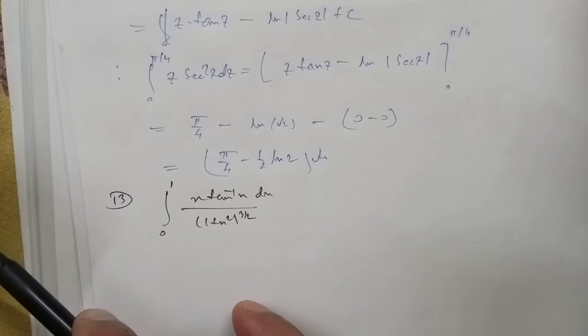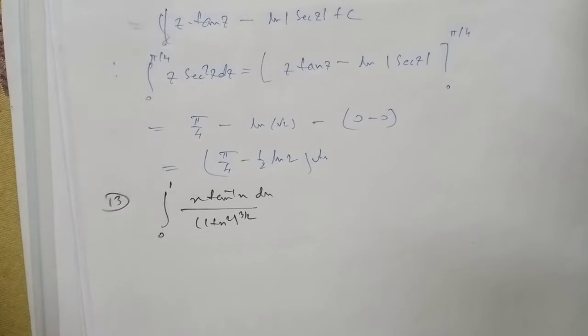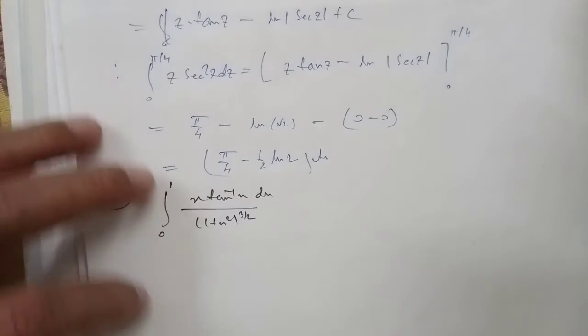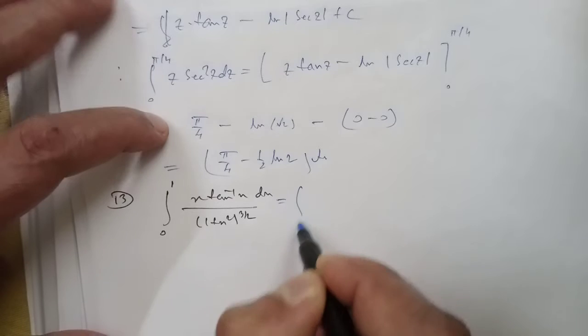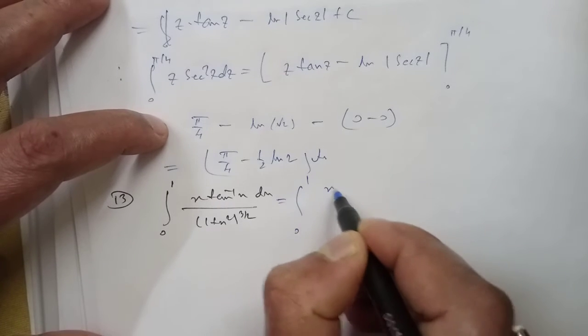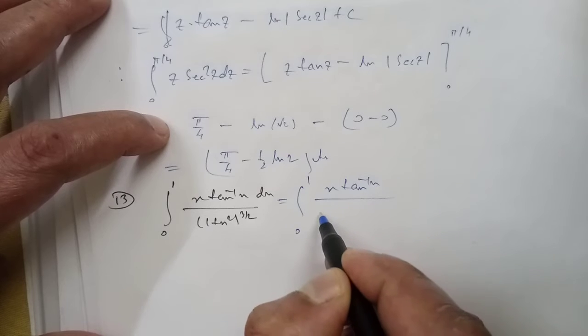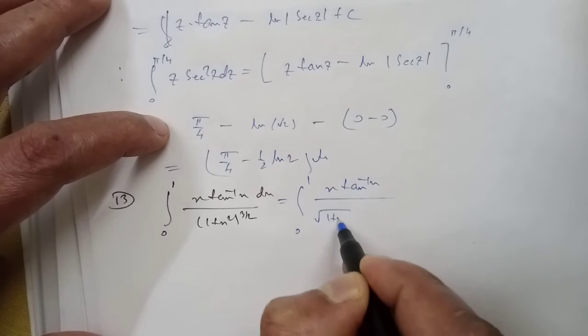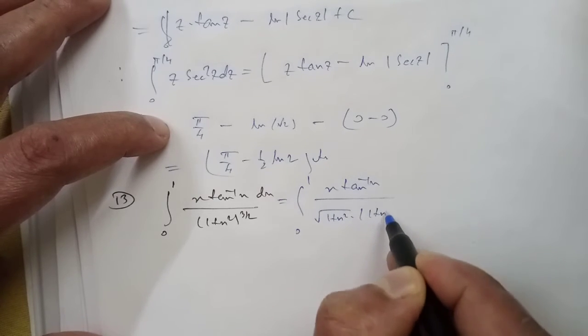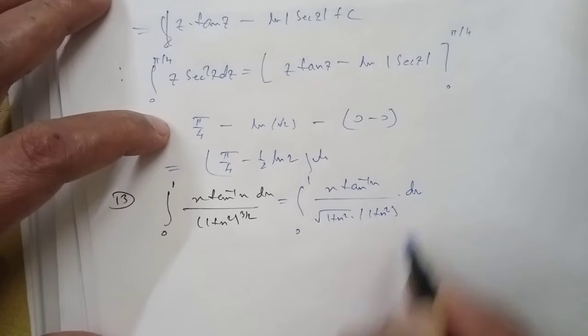We all know that derivative of tan inverse x is 1 by 1 plus x square. So first write it in this way: 0 to 1 x tan inverse x by root over of 1 plus x square into 1 plus x square dx.